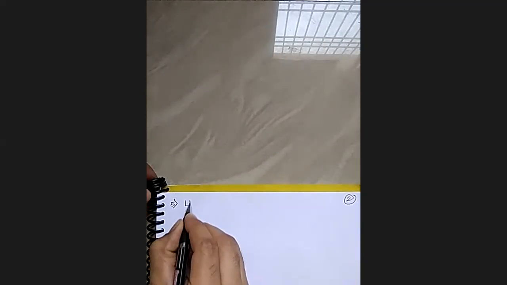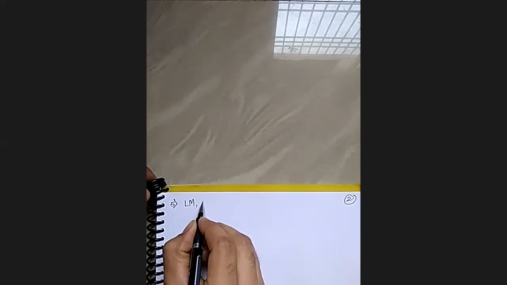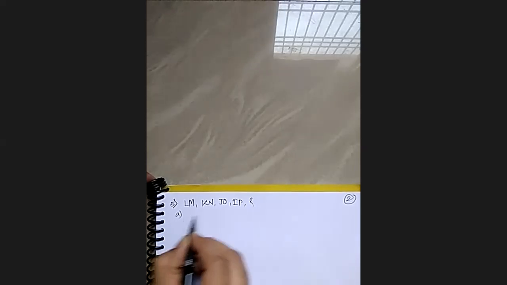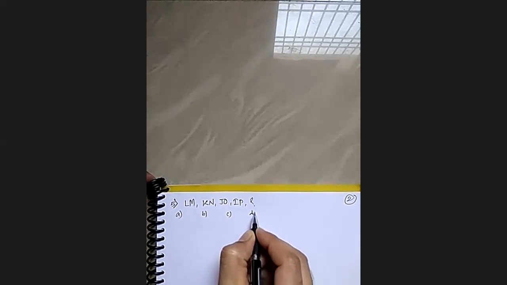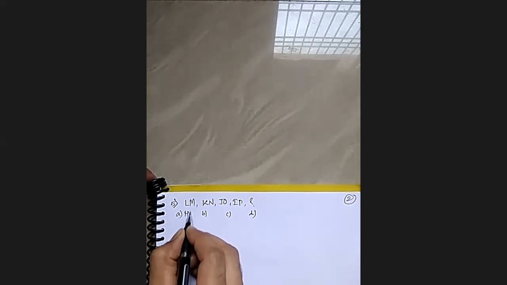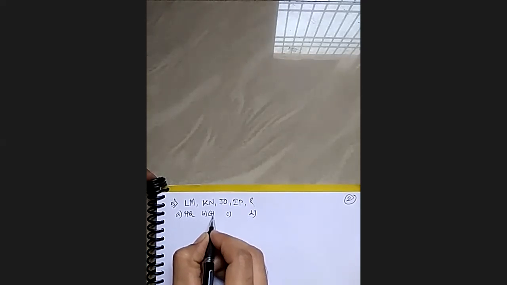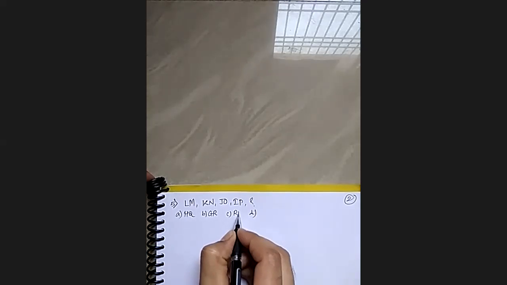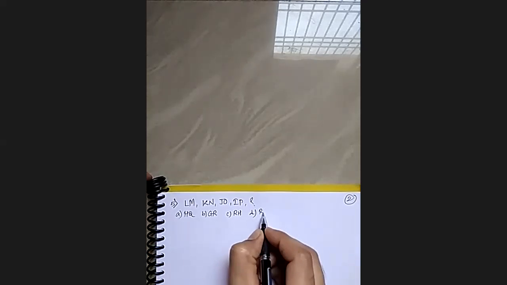So question number 5. So let's go again through somewhat the same kind of question. LM, KN, JO, IP, question mark. A, B, C and D. So A is HQ, B is GR, C is RH and D is RG.